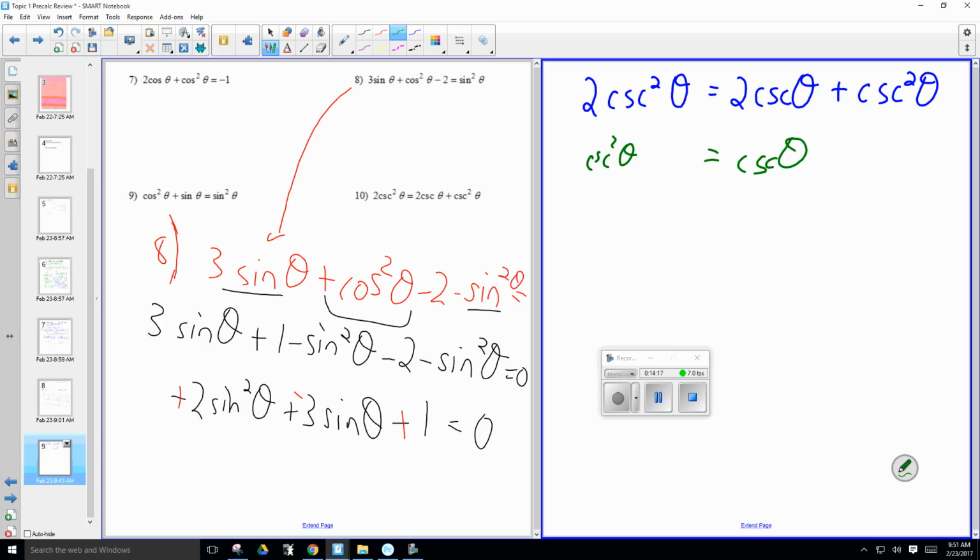Do not cancel out a cosecant. Factor out a cosecant before you solve. Factor out a cosecant, leaving you with cosecant minus 1.